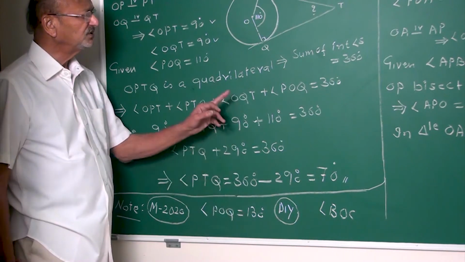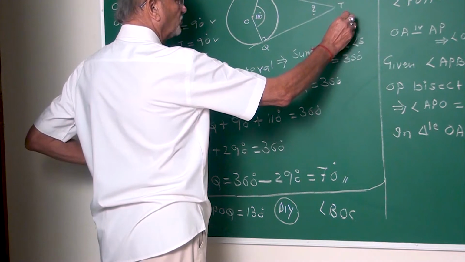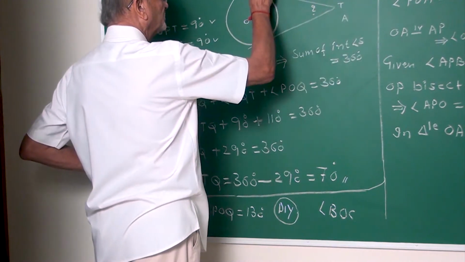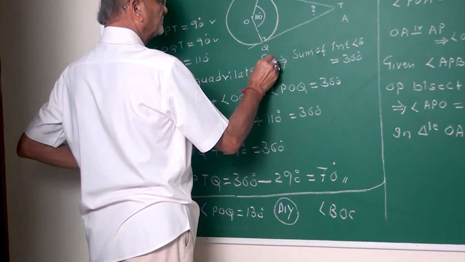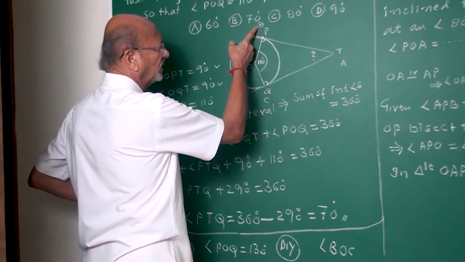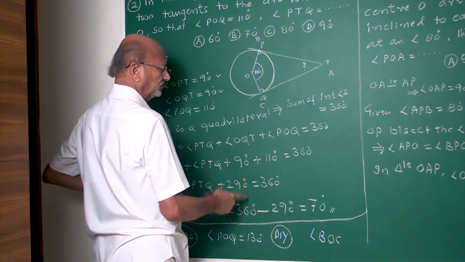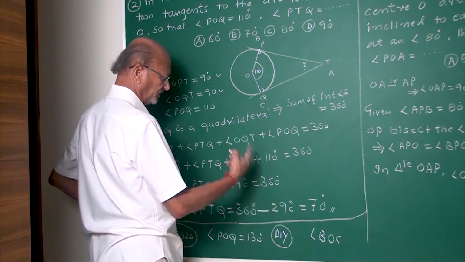Instead of these, they have denoted these points as A, B, C. Then they wanted angle BAC. The same method, my friends.